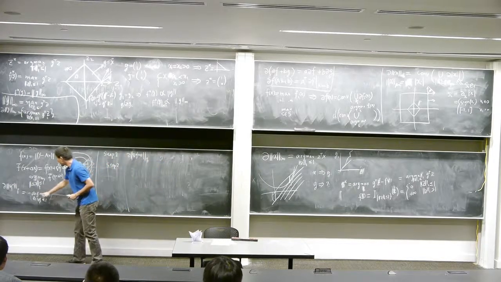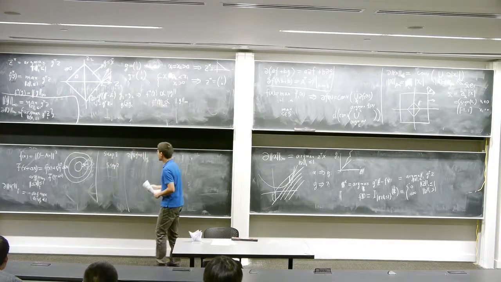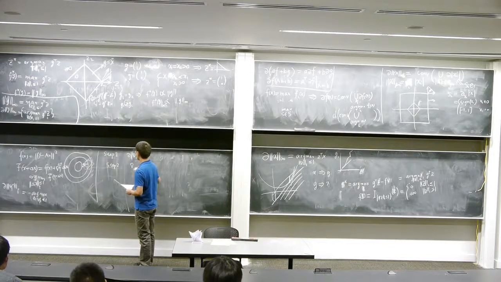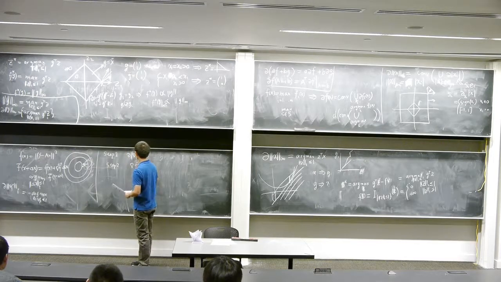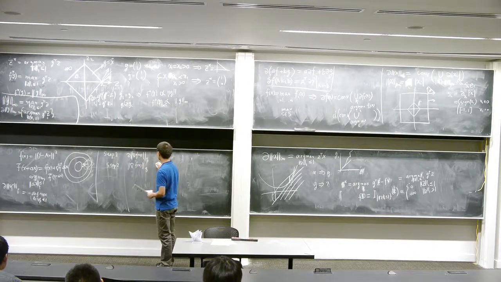Because it's the argmax of this constraint. Of course, it is a unit vector. And because this is a unit vector, we want to scale it according to the gradient. Here, we're scaling it by the dual norm of the gradient.